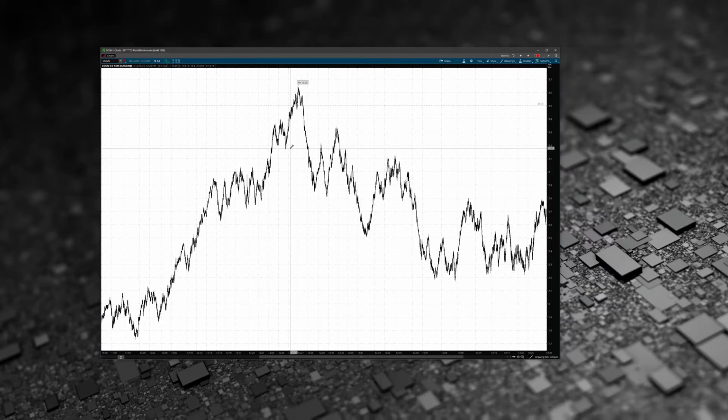So we had a little, I'm going to assume this is a structure, didn't quite test. But we broke support right here. So we've got valid structure there.